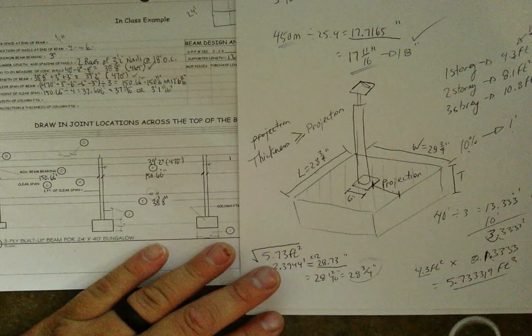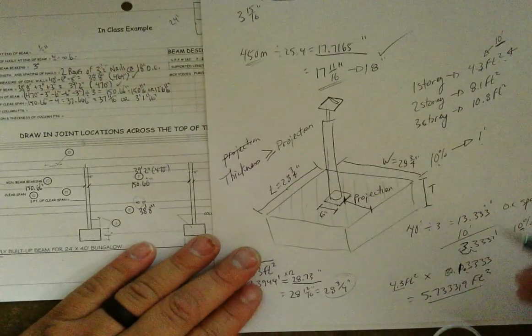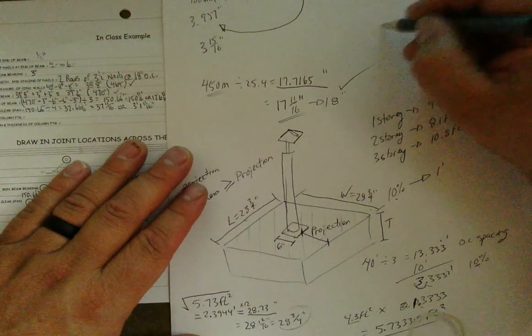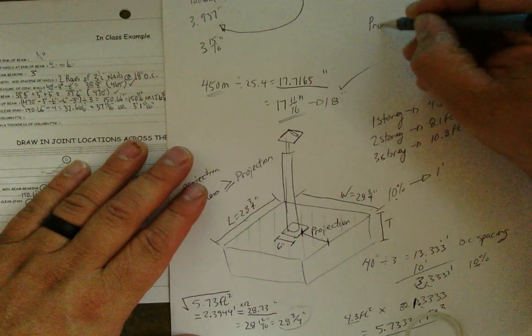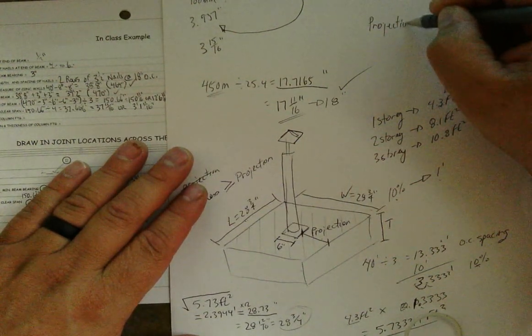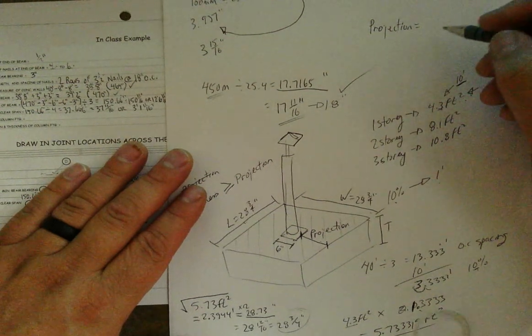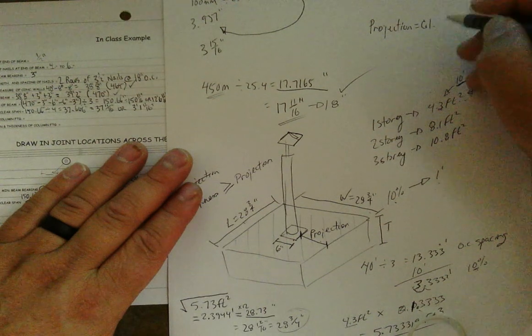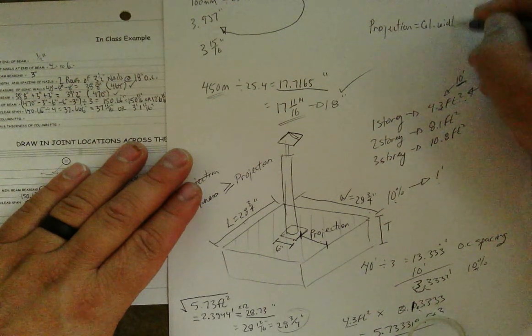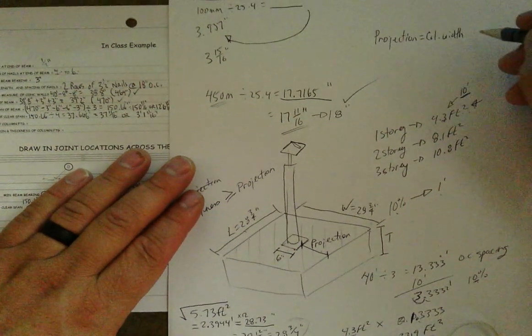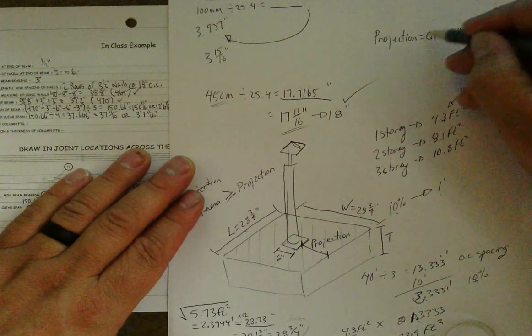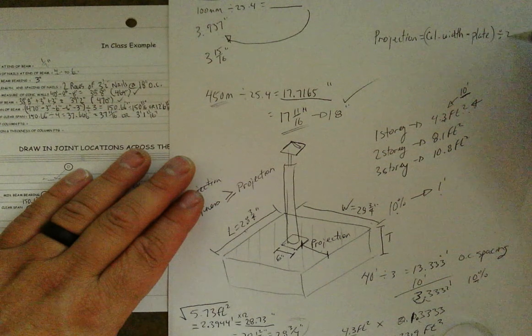Okay? So to get the projection, I'm just going to maybe go to the top of the paper here. There's enough room. So to get the projection, if we're writing down a formula there, we take the column width, and then we subtract the plate, and then we divide that by 2.